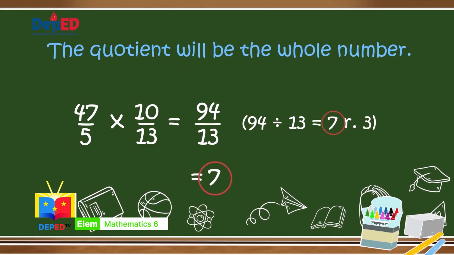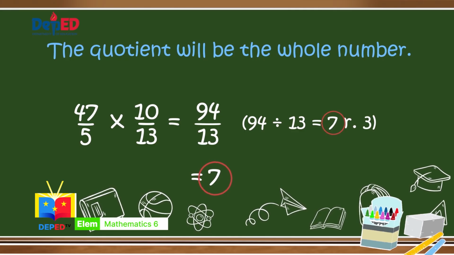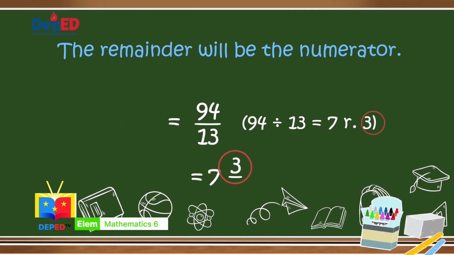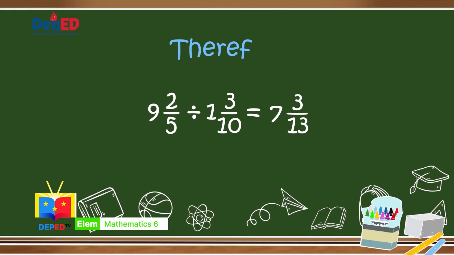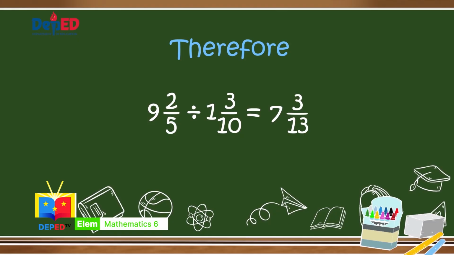The quotient will be the whole number. The remainder will be the numerator, and the divisor will be the denominator. Because of that, 94/13 is equal to 7 3/13. Therefore, the quotient of 9 2/5 divided by 1 3/10 is 7 3/13.